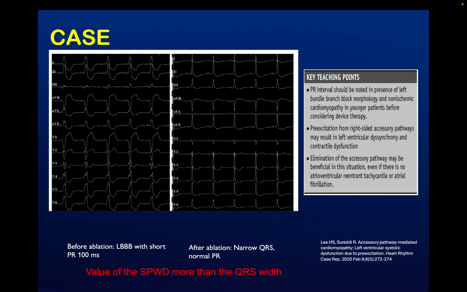Here, important to note that it is the septal posterior wall delay on echo, and the higher the septal posterior wall delay, the higher the chances of a cardiomyopathy happening due to the dyssynchrony, rather than figuring out what the width of the QRS is and correlating possibility of cardiomyopathy based on the width of the QRS.